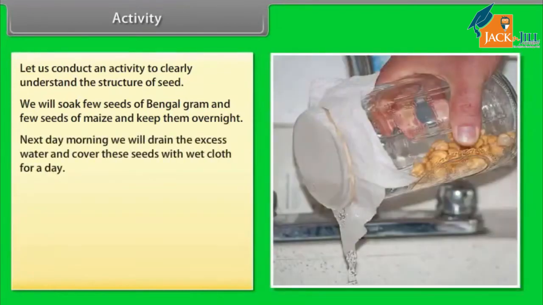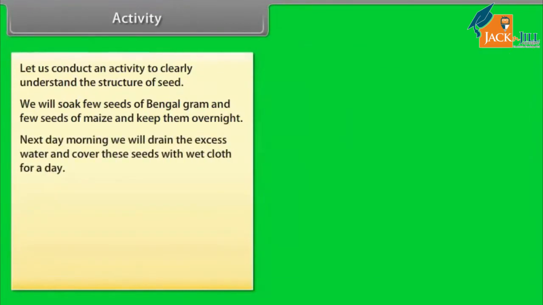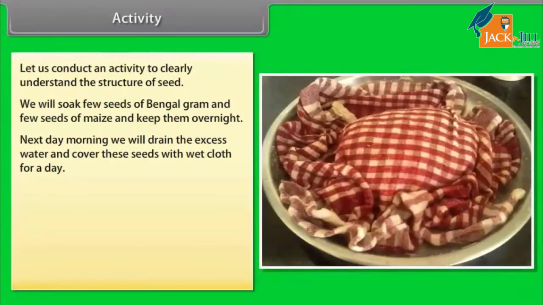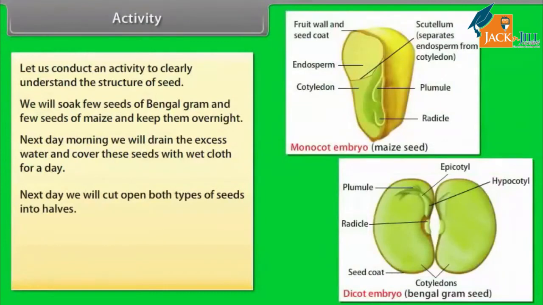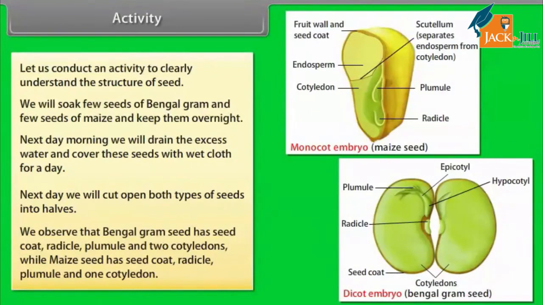Next day morning we will drain the excess water and cover these seeds with a wet cloth for a day. Next day we will cut open both types of seeds into halves. We observe that Bengal gram seed has seed coat, radicle, plumule and two cotyledons, while maize seed has seed coat, radicle, plumule and one cotyledon.